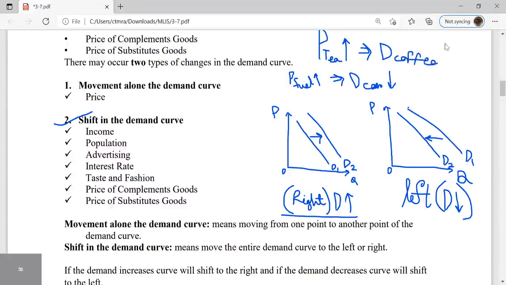Demand for coffee will rise. Why? Because as price of tea is becoming expensive, people may switch to another cheaper alternative. If coffee is the alternative, then the people will switch to that. So demand for coffee will rise, and vice versa. If price of tea falls, demand for coffee will fall.